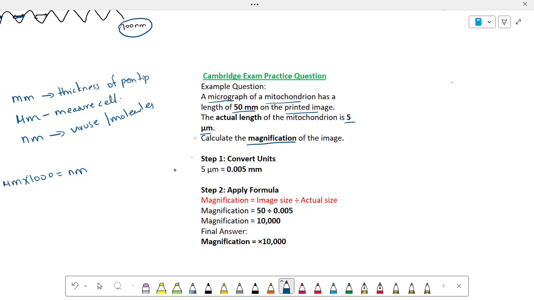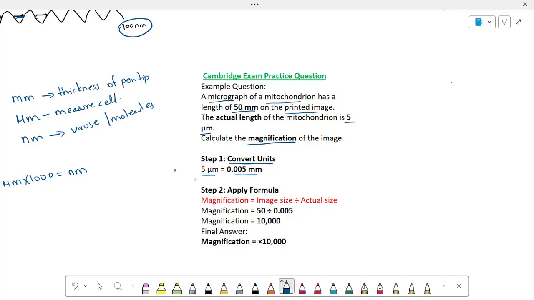Now here we have to convert the units. So the first step is unit conversion. First we have to convert the micrometer into millimeter, because when we solve this type of question, both values must have the same unit.